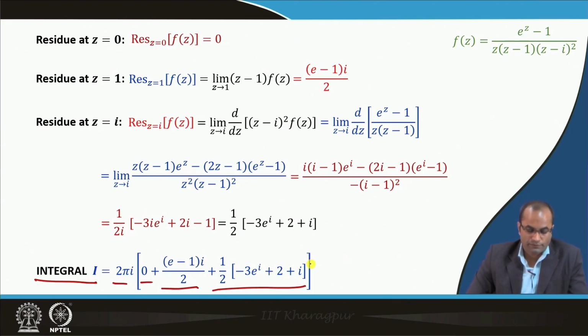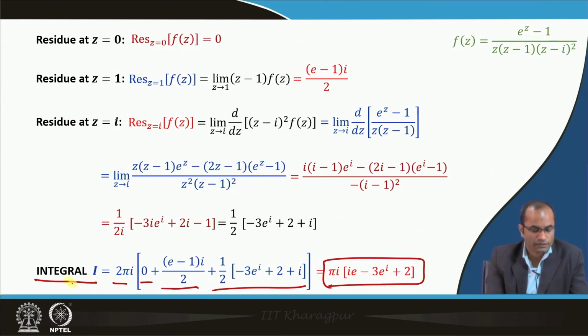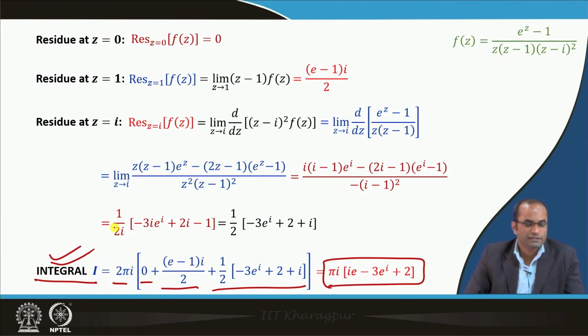If we simplify a bit more, we will get the value of the desired integral. This was one of the applications where residues play an important role in the evaluation of these integrals. Without using residues, this might be a little bit more complicated.